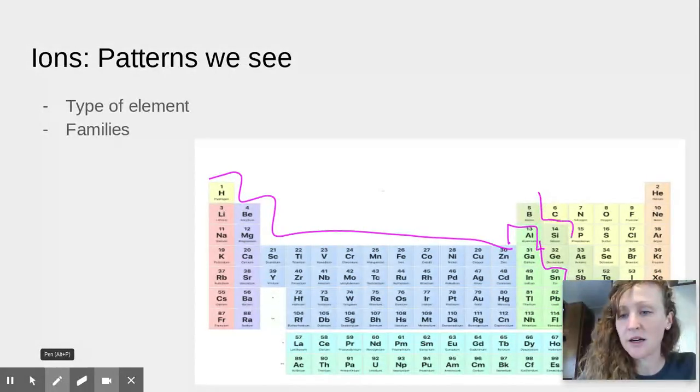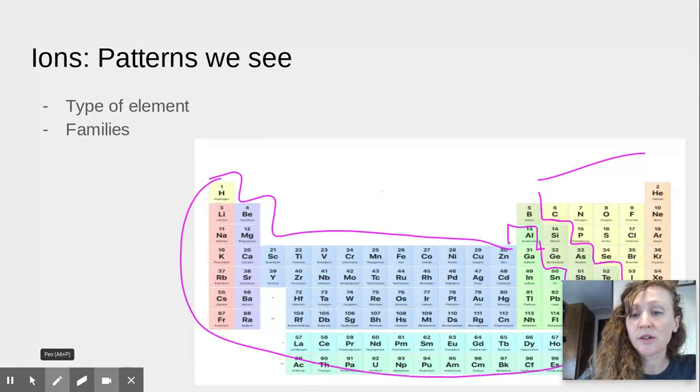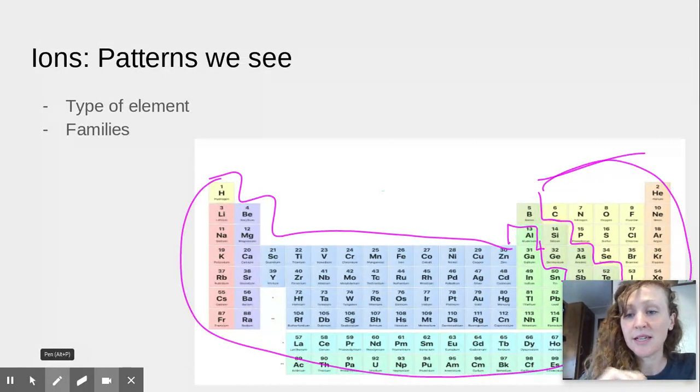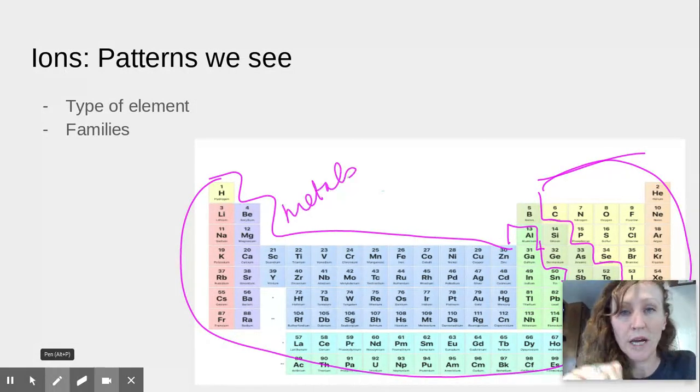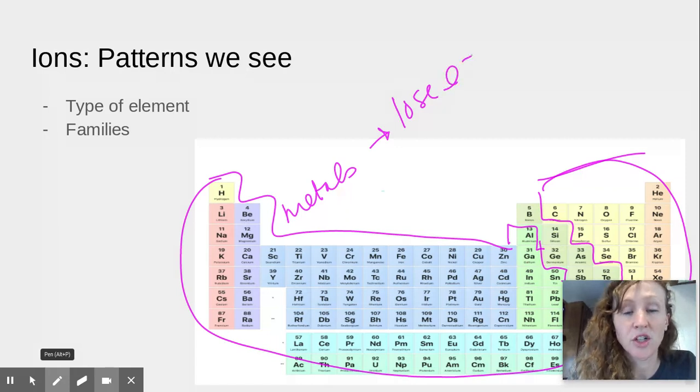And then here are all the nonmetals, and it keeps going down. Those groups form very consistent ions. All the metals do what? Do they gain electrons or do they lose electrons? All the metals are going to lose electrons and form cations.